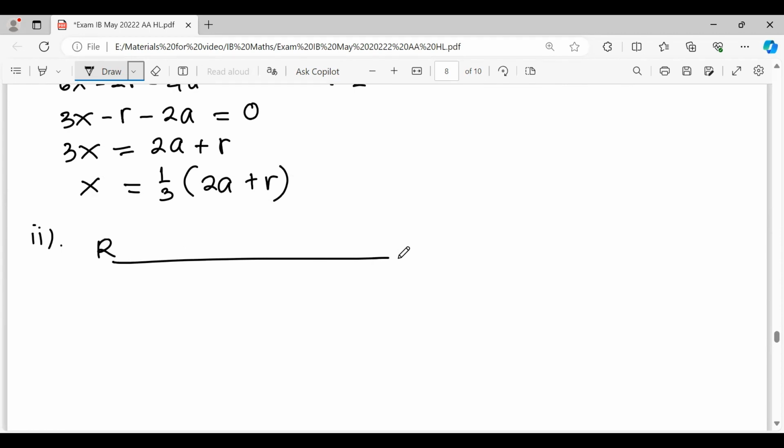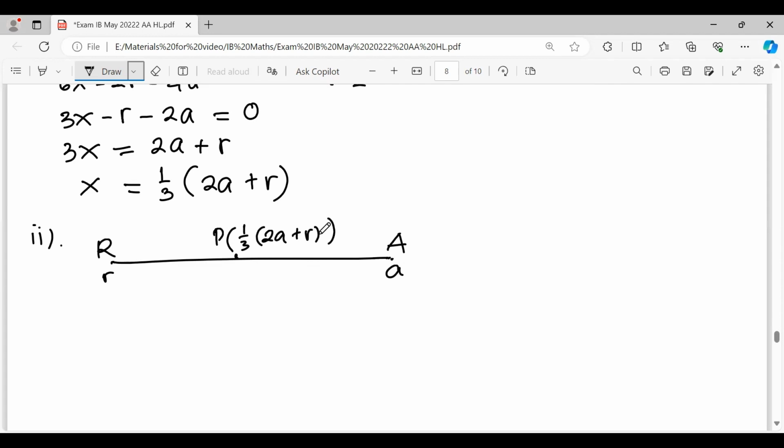R, then A is here, and B around here, for example, P with coordinates 1/3 (2a plus r).